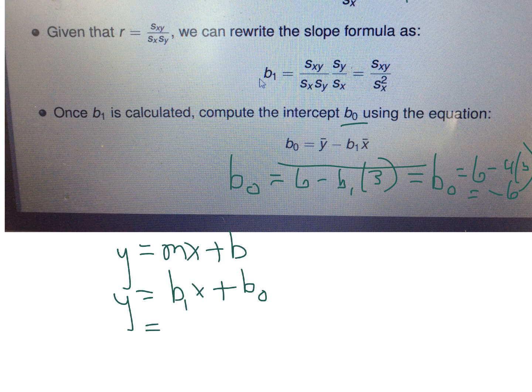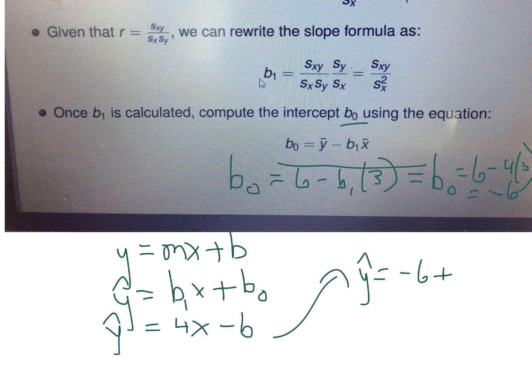And so here we're just going to write y hat, because it's the predicted value of y, not the exact value, so we put a little hat on it. And then we're going to have 4x minus 6. And sometimes, again, in statistics, I don't know why, they will write that backwards. They'll put the intercept first, and then the slope and the x value. And so you'll see it both ways.